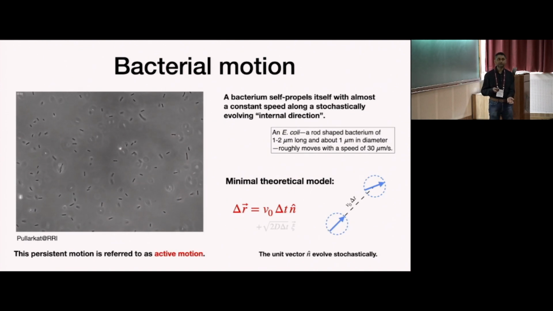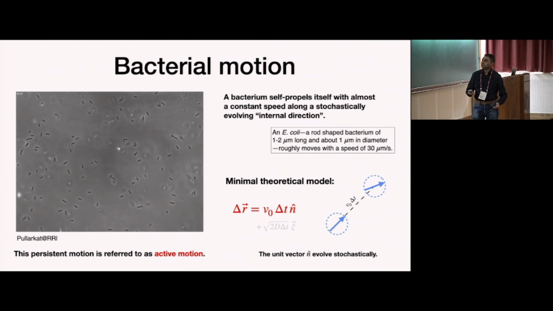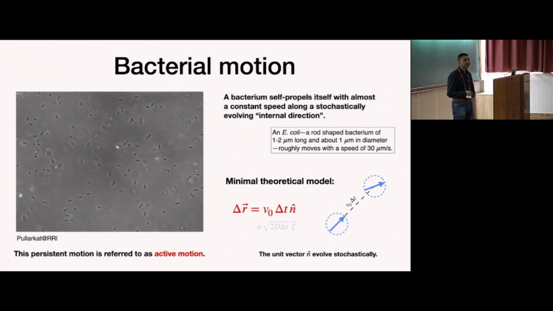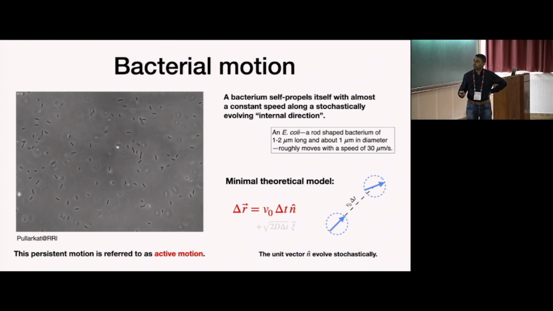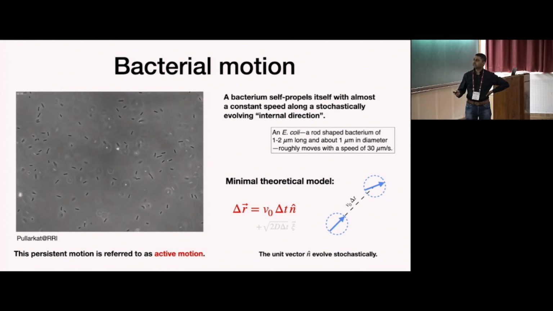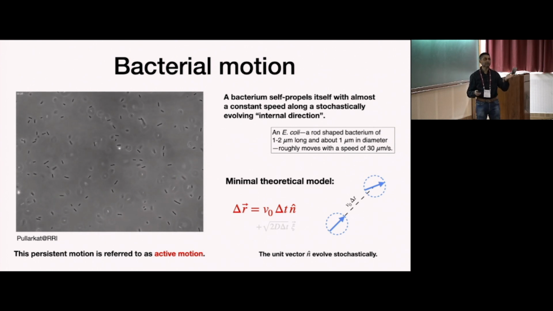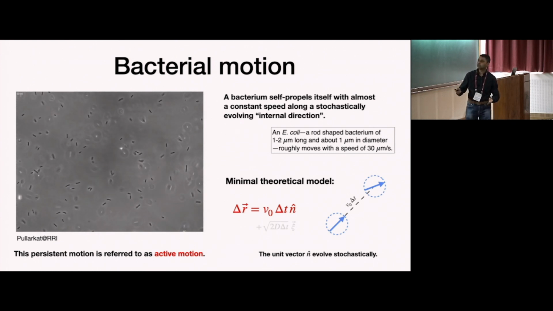Now if you look at an E. coli, for example, which is more or less similar in size to a colloidal particle, you see that at the same time and length scale, they have a very different kind of motion. They move in a persistent way. The typical displacement goes ballistically along a certain direction, and this direction changes according to some dynamics depending on the kind of bacteria you look at.